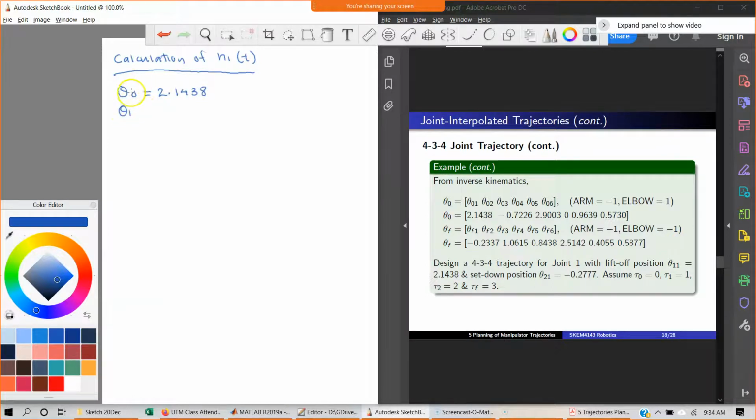Theta, so this is theta 0, 1, theta 1, 1. Because we are considering joint number 1, you can ignore the second subscript, maybe for simplicity. So I'm just calling theta 0 and theta 1. But at the back of your mind, you know that we are referring to joint number 1. So what is theta 1? It's 2.1438. It's the same.